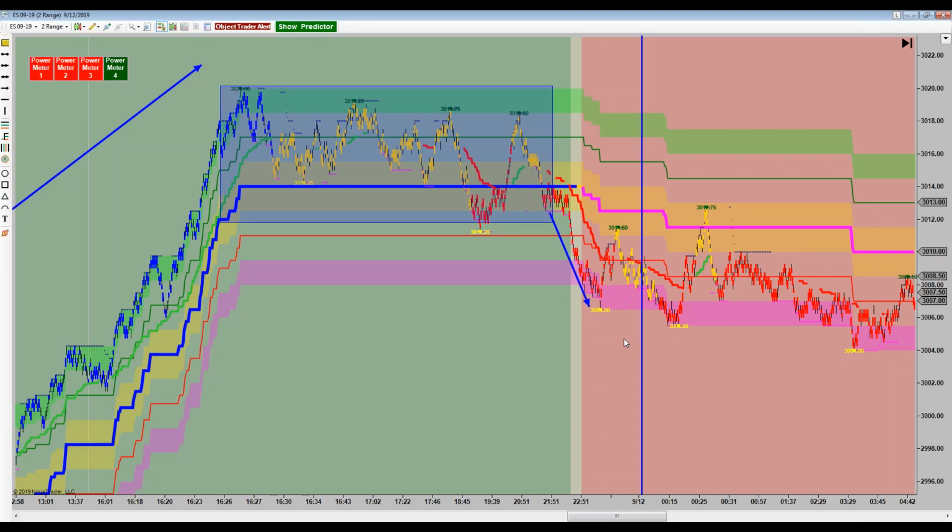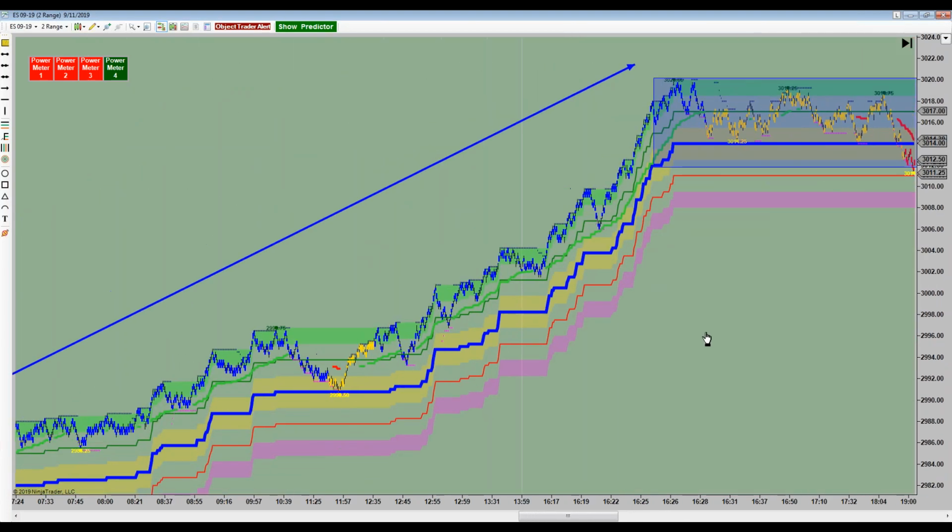Now, the way we approach this is we are what you call pullback or retracement type traders. So it's very rare, I'm not saying it never occurs, but it's extremely rare that you would want to trade the thrust part of the move in a trend. Let's talk about the uptrend first, and then we'll discuss trade entries on the short side.